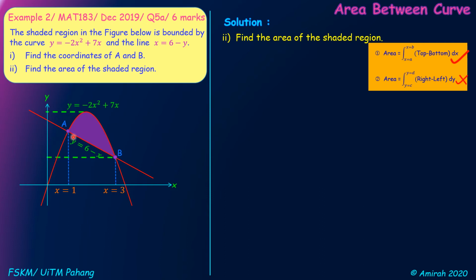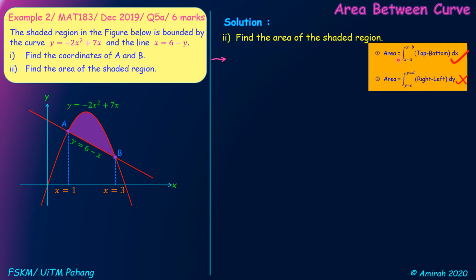These are the intersection points, but this is not an intersection point, right? So since the upper limit on the y-axis here is not an intersection point, finding the area using the second formula is not suitable. So we use the first formula.